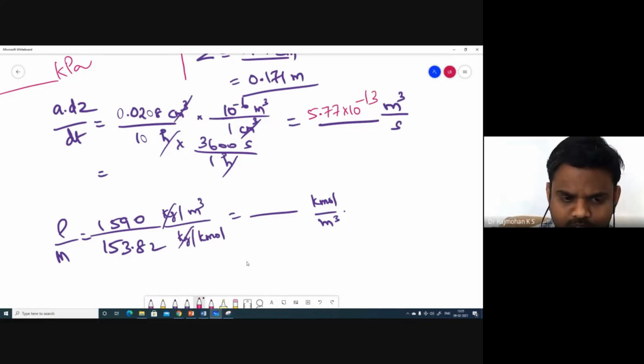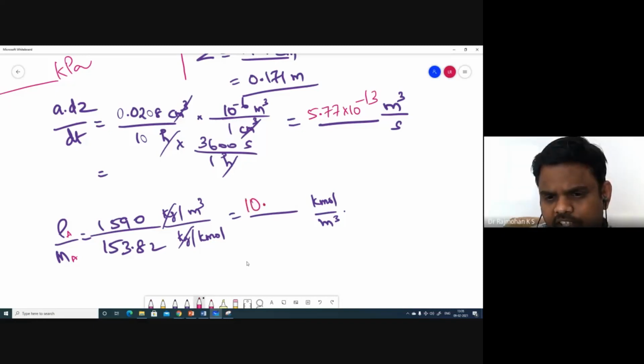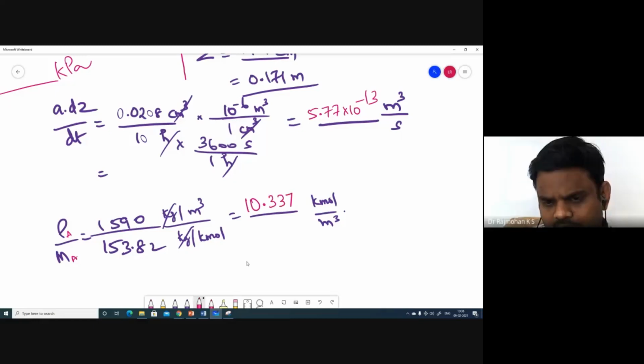What is this value, rho by m? Rho by m is given in gram per cc; to get kg per meter cube we have to multiply by density of water. So 1590 divided by 153.82 gives us rho by m value in kilomole per meter cube, 10.337. Just 3 digits is sufficient. Okay, so now you can substitute.